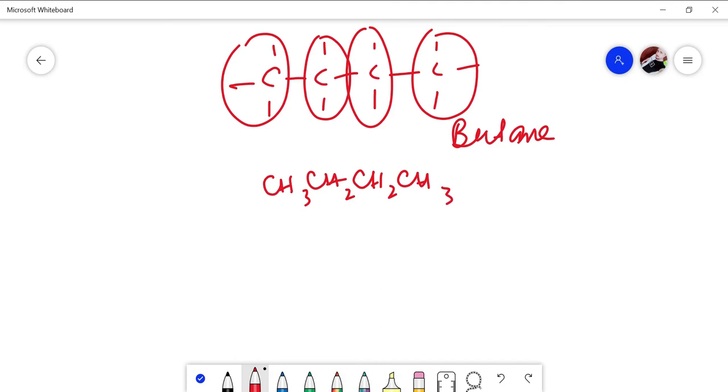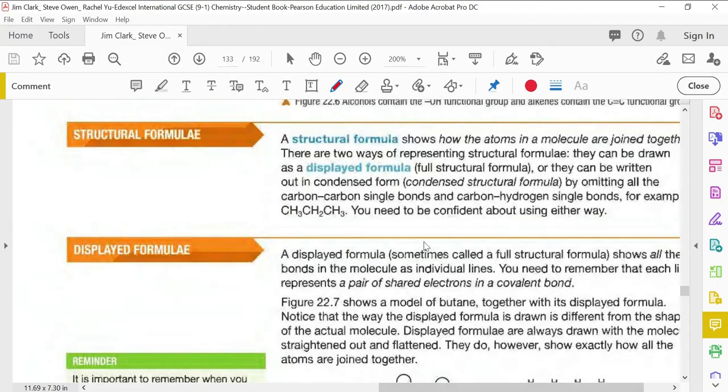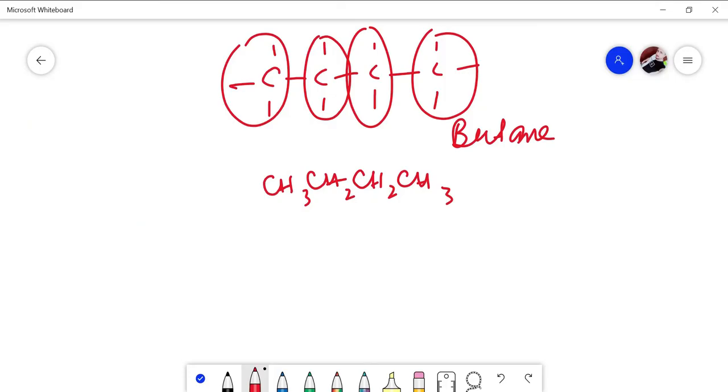So your book is saying that structural formula shows how the atoms in a molecule are joined together. There are two ways of presenting the structure: it can be drawn as a displayed, full structural formula. The one which I have shown here is displayed, full structural.